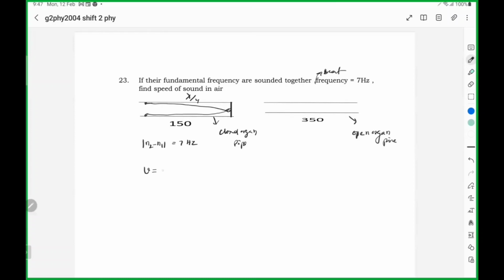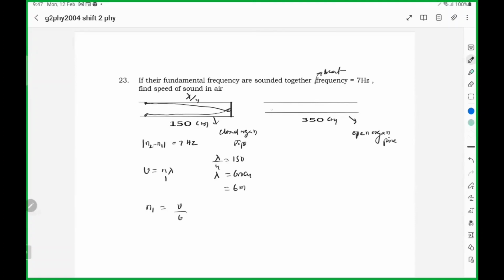Here v is n lambda. So lambda by 4 is 150 centimeters. Lambda is 600 centimeters, that is 6 meters. So here frequency will be v by 6.